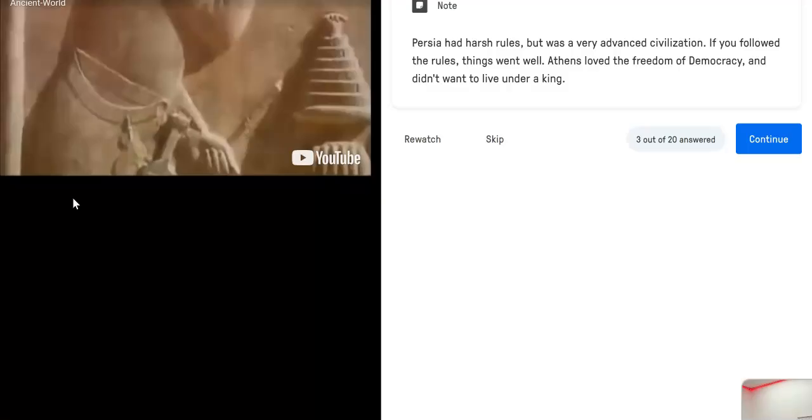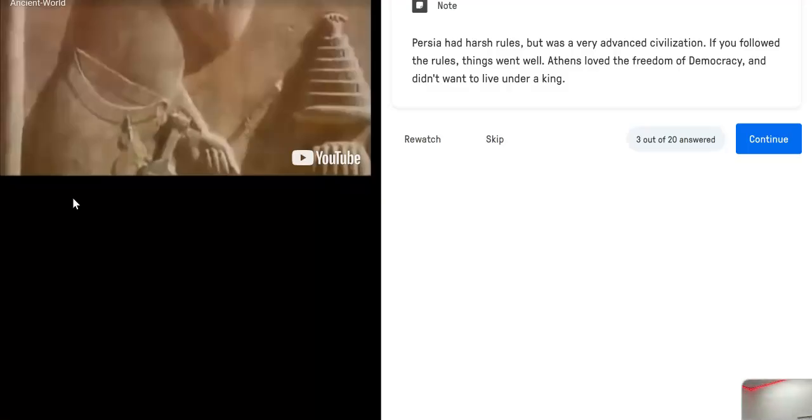Yes or no? No. Is that a disagreement about government type? Yes or no? Yes. And we can even be more specific, right? Because it wasn't just like Persia and Athens was like, our government's better. Persia and Athens had a disagreement on who could be in charge. Our evidence for that is that Athens didn't want to live under a king.